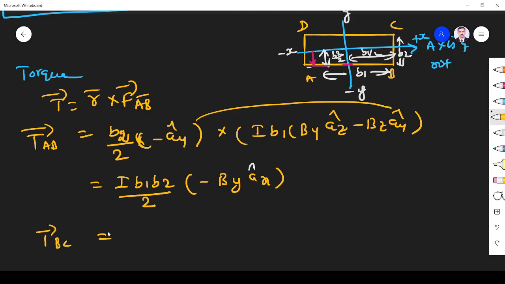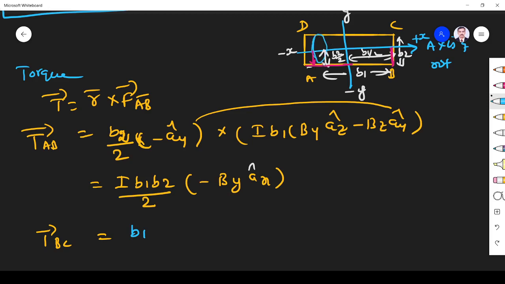Next, TBC, torque along BC, lot of issues. TBC is given by, you see, how can we find TBC, torque along BC, right? That is given by, again, what is the distance BC? It is B1, the distance from B to C, right? See, whenever it rotates, it is rotating with respect to this direction.